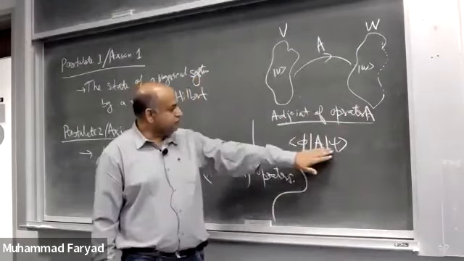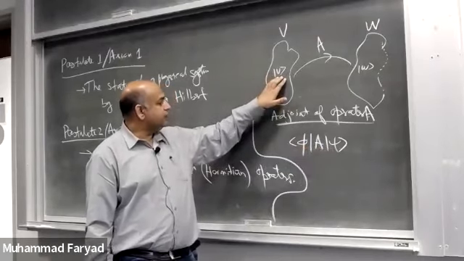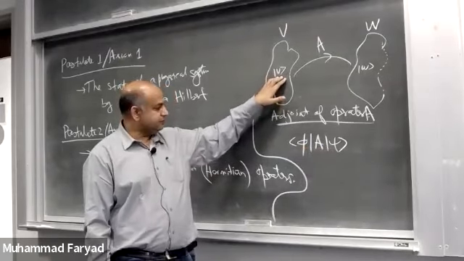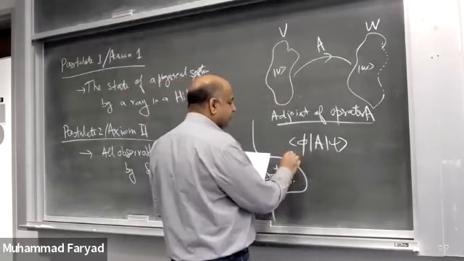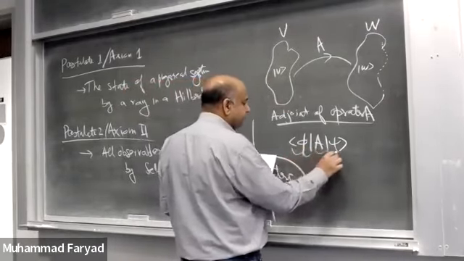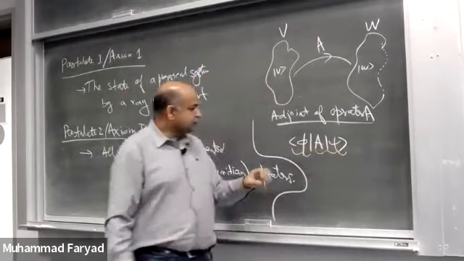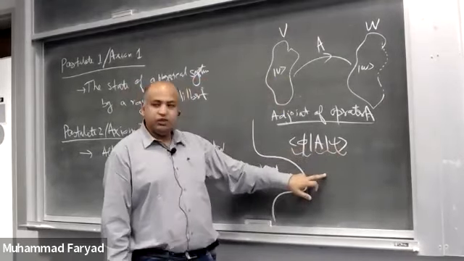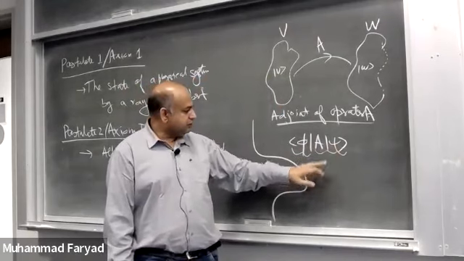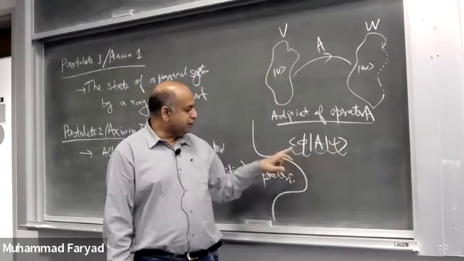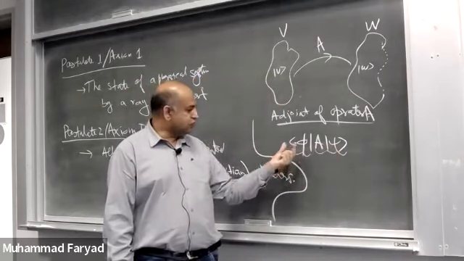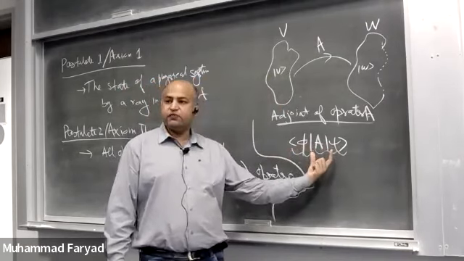Actually, these can belong to different vector spaces, because suppose this is a 2x3 matrix, then psi would be a 3x1 vector, and phi would be a 2x1 vector.